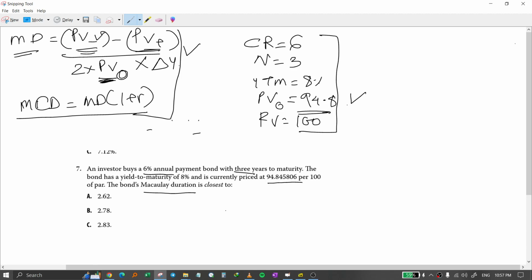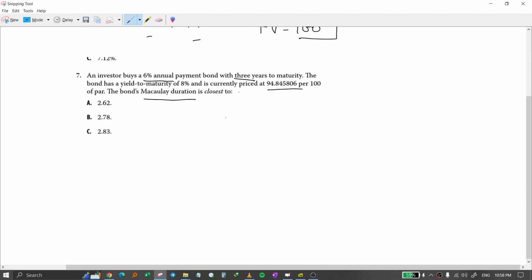Now what we have to do is estimate a change in the yield to maturity. Right? So PV minus, PV0 and PV plus. We are going to make the slightest change in the yields.